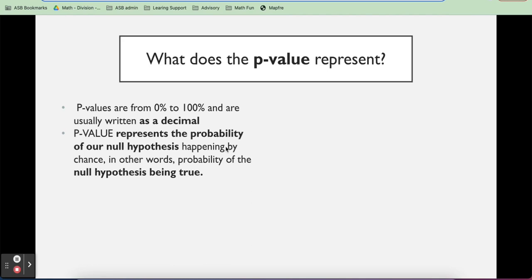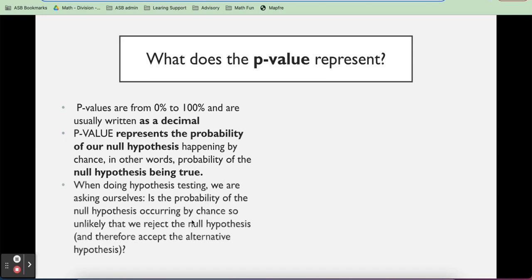So we're going to get a certain decimal value, and that's going to be the probability of a null hypothesis being true. When doing our hypothesis testing, we're always asking ourselves, is the probability of the null hypothesis occurring by chance so unlikely that we reject our null hypothesis?